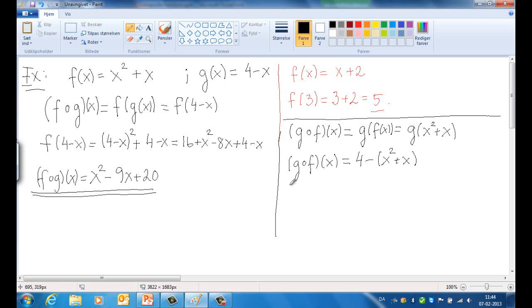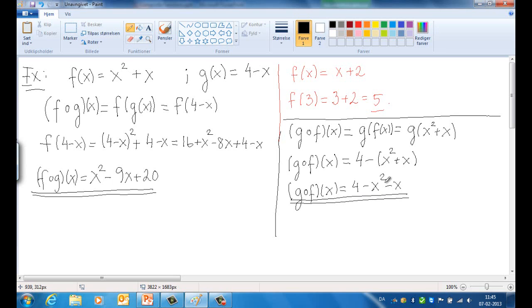When we expand this bracket, we finally get that the composite function g of f of x is equal to 4 minus x squared minus x. So that is the expression for the other potential composite function, g of f of x, equals 4 minus x squared minus x.